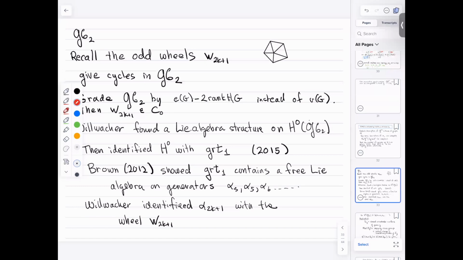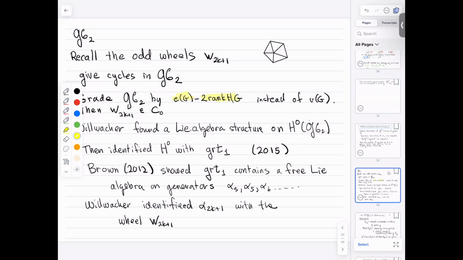And in fact, Thomas Willwacher showed that they represent non-trivial homology classes in GC2. So what he did was really fascinating. He put a different grading on the graph complex. So the grading was by the number of edges of the graph minus twice the rank of its first homology.